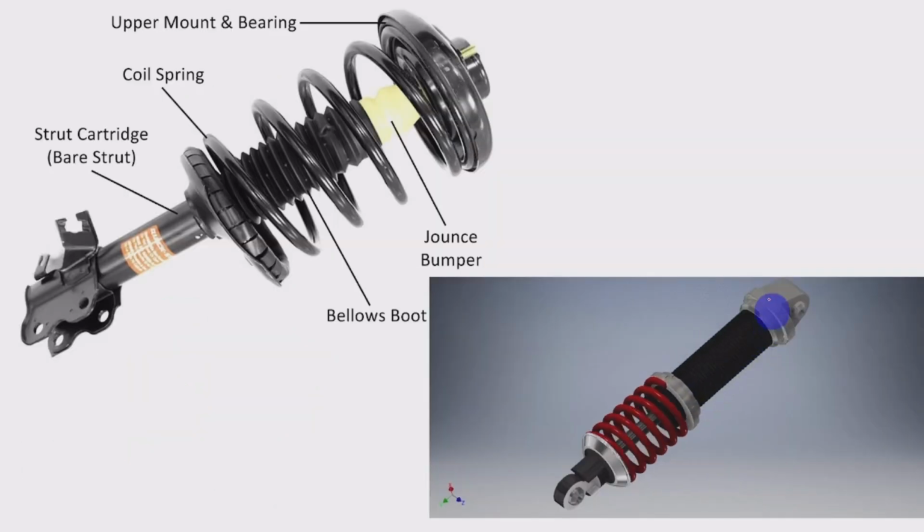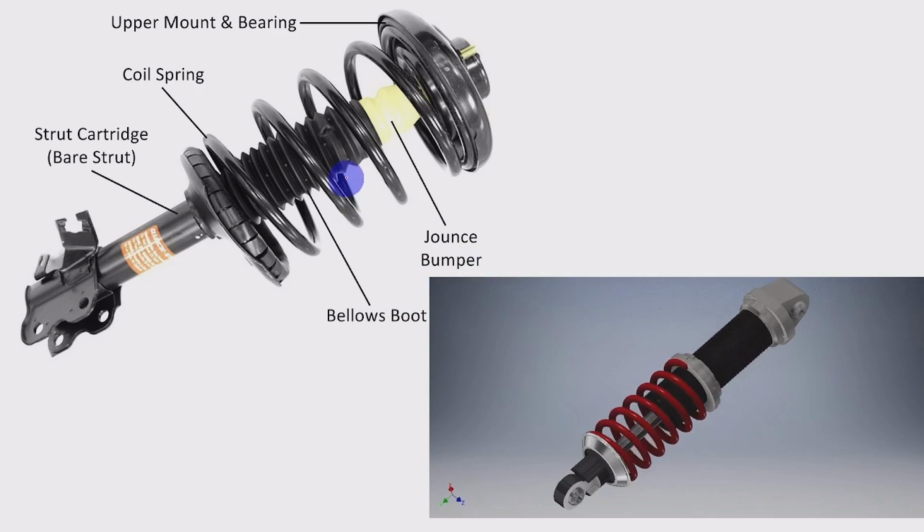Okay. The next type is the strut type shock absorber. That will have the parts: upper mount bearing, coil spring, bump stopper, bellows boot, and strut cartridge, bare strut. Like that. Here, the shock will be absorbed through this bump stopper and bellows, whatever are there.